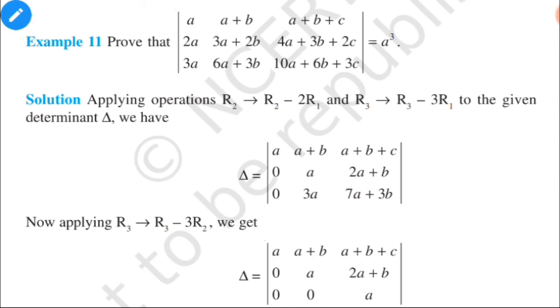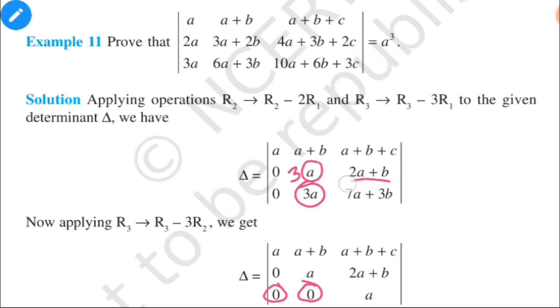Now we are applying another operation, R3 changes to R3 minus 3R2. Here R3 is 3a, and 3a minus 3 into R2, which is a, so 3a minus 3a is 0. The first element is 0 minus 3 into 0, which is 0. And what will be the third element?